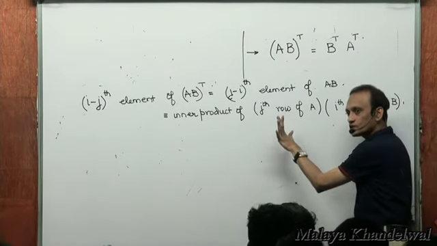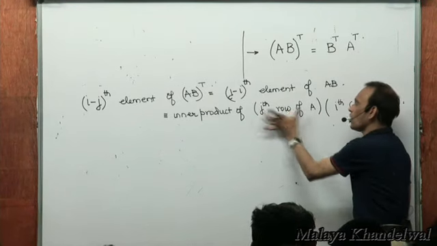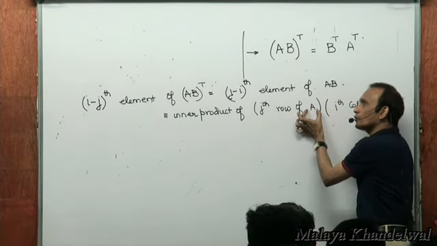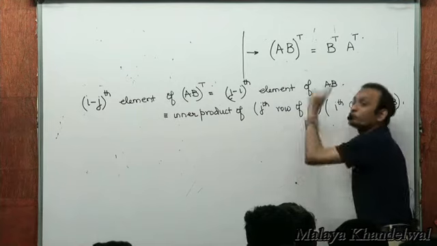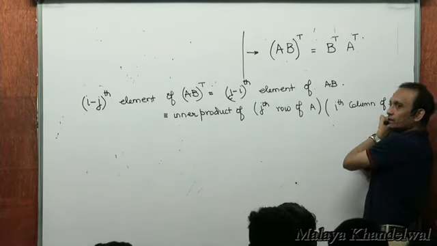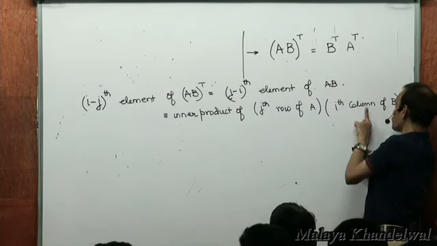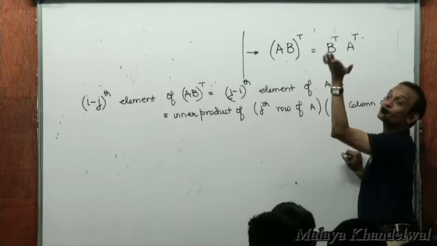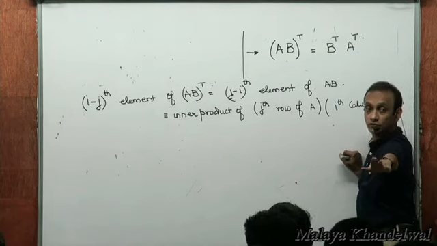This is what transposition would have done, right? The jth row of A would be like the jth column of A transpose. The ith column of B will be like the ith row of B transpose. Yes or no?